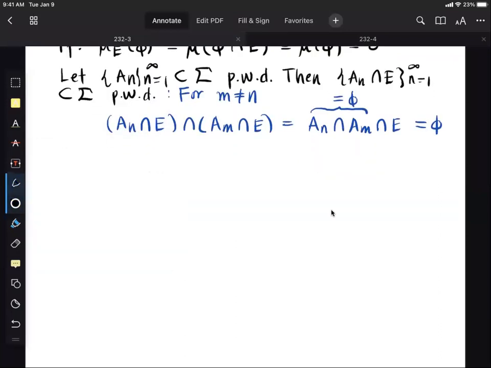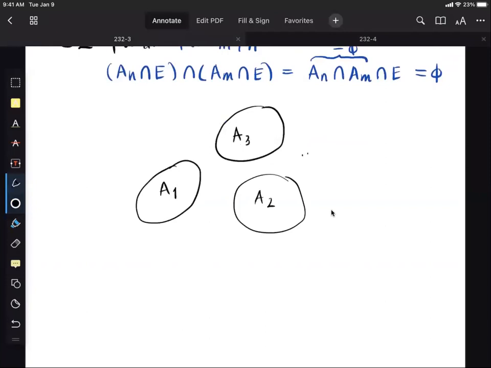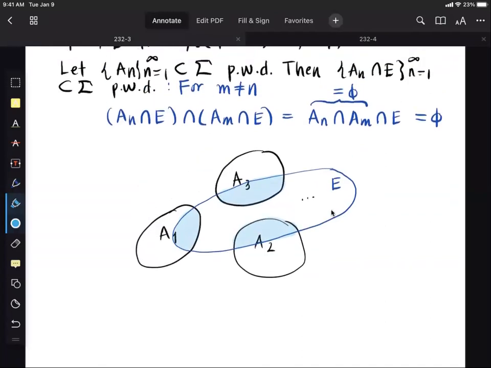Well, you can visualize this as follows. If you have sets, let's say A1, A2, A3, and so on, and then you have a set E. This would be your set E. If you take the intersection with the sets A sub 1, A sub 2, A sub 3, and so on, because the original sets A are pairwise disjoint, then the intersections would also be pairwise disjoint.